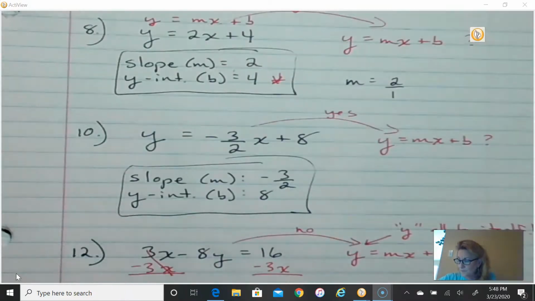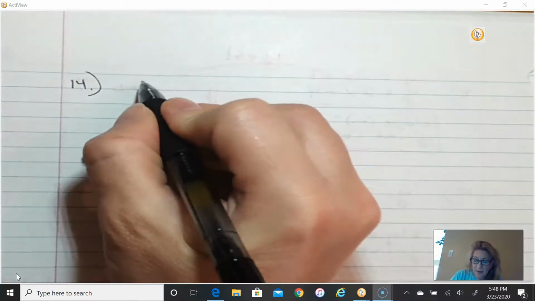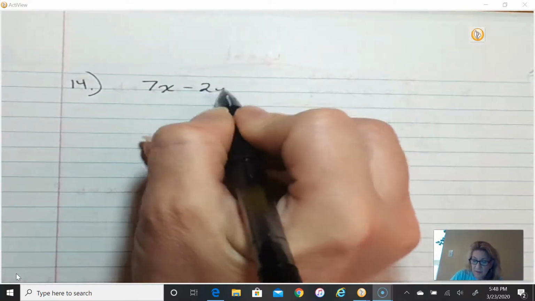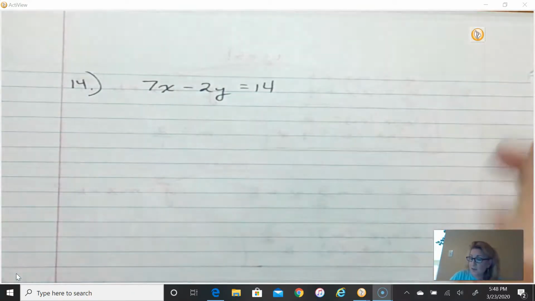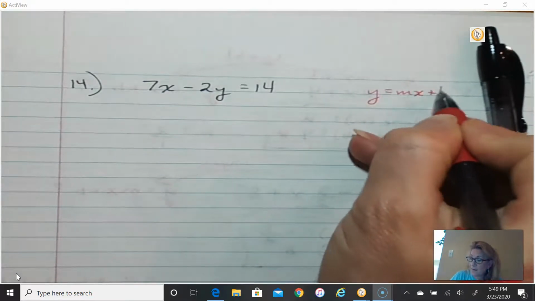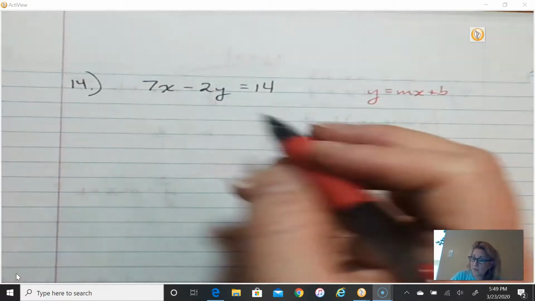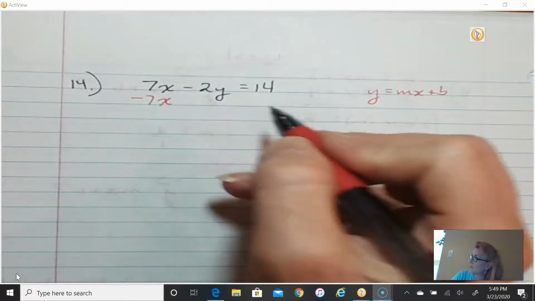All right. So let's do 14. Same thing. Here's your equation. They want you to rearrange it to look like this. So we're going to move the 7x.